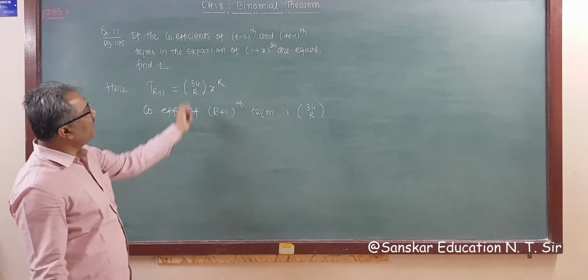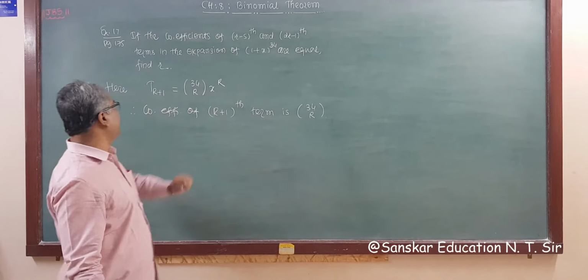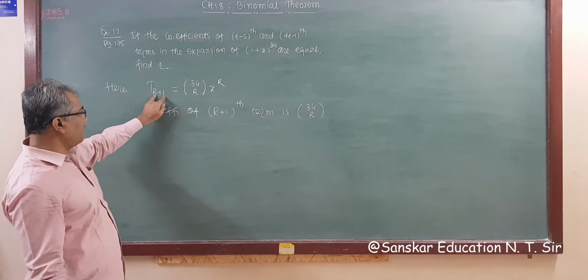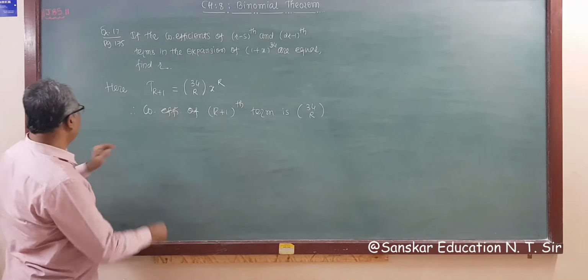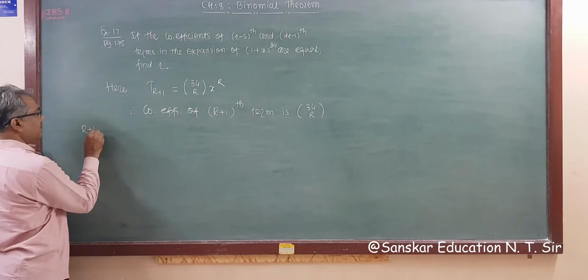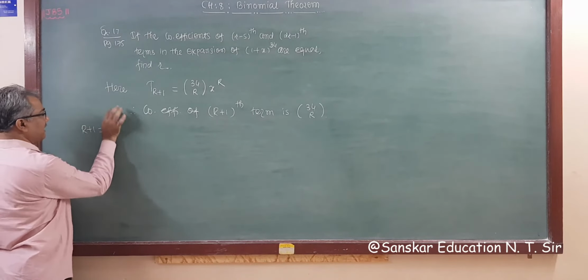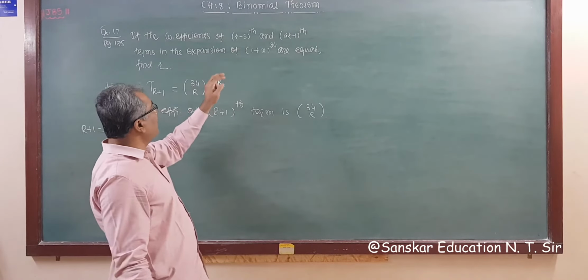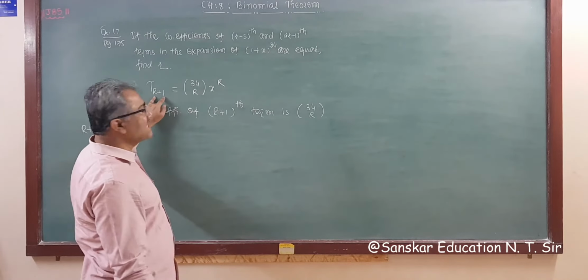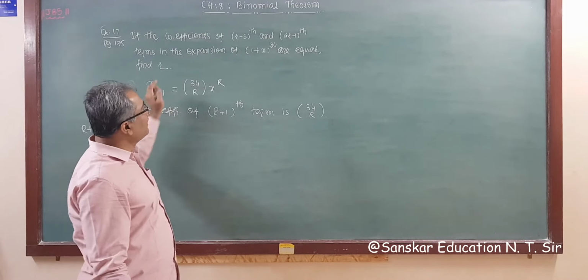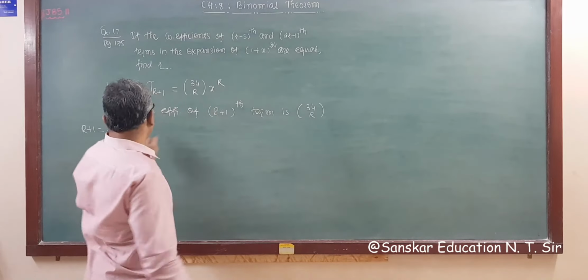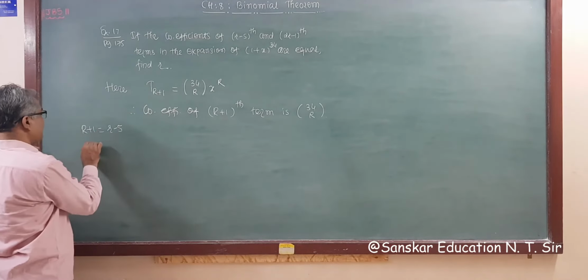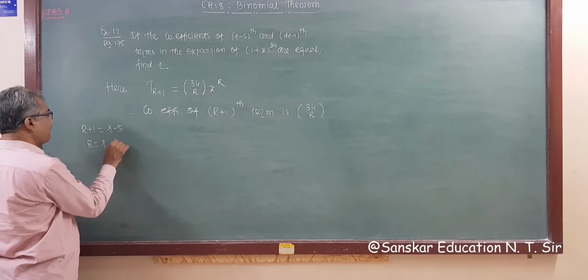Now we have to find out the coefficient of the r minus 5 term. So R plus 1 is equal to r minus 5. So what is capital R? R is equal to r minus 6.